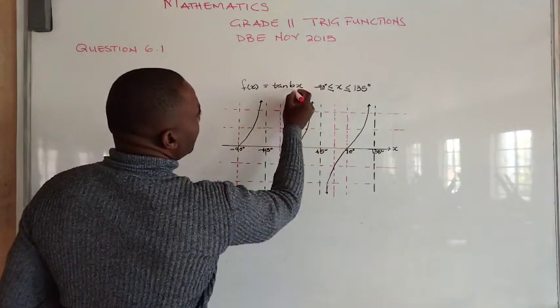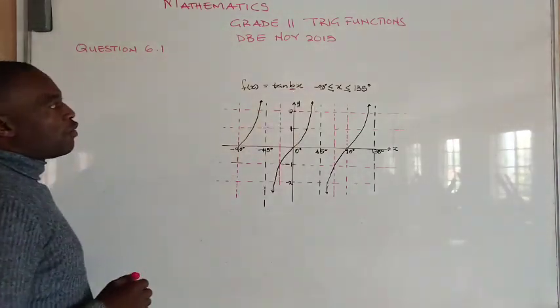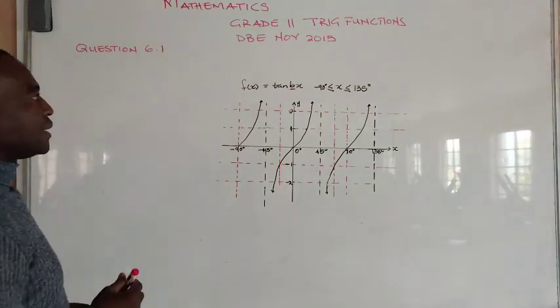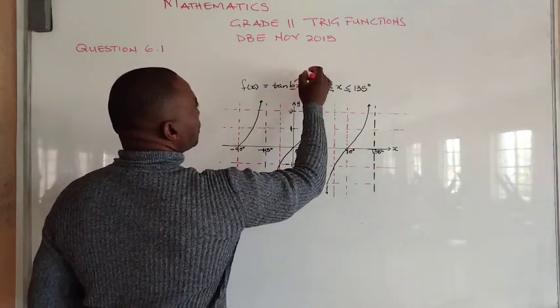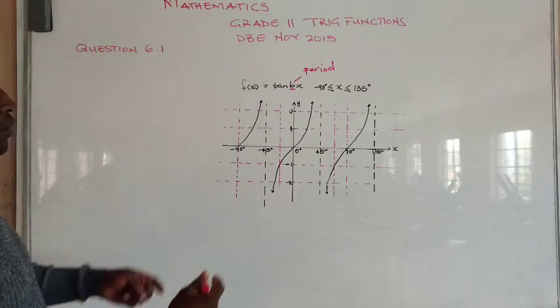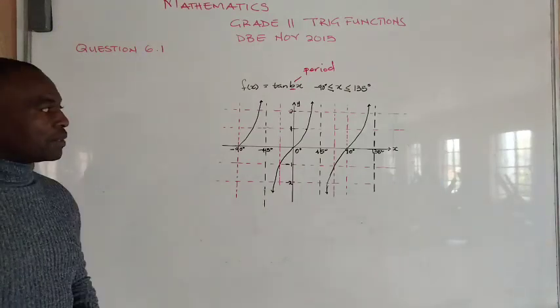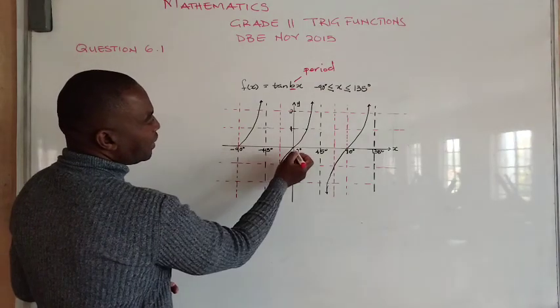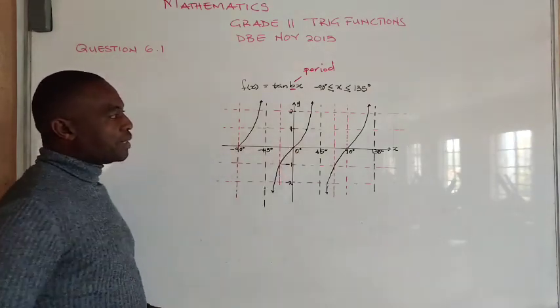Now, if we look at the position of that b, we can see that it relates to the period. So coming to the graph, let's check the period of f of x. We can see that the period is taking 90 degrees to repeat itself.